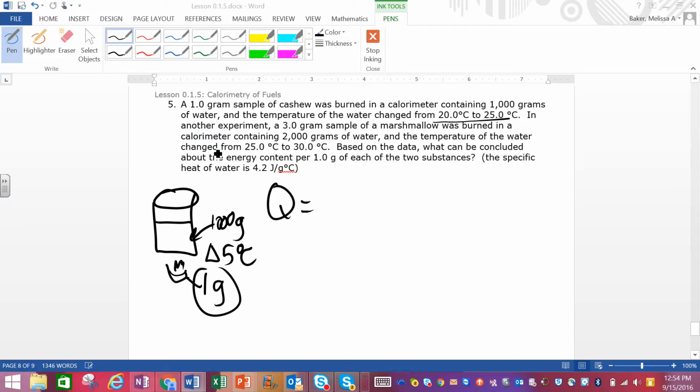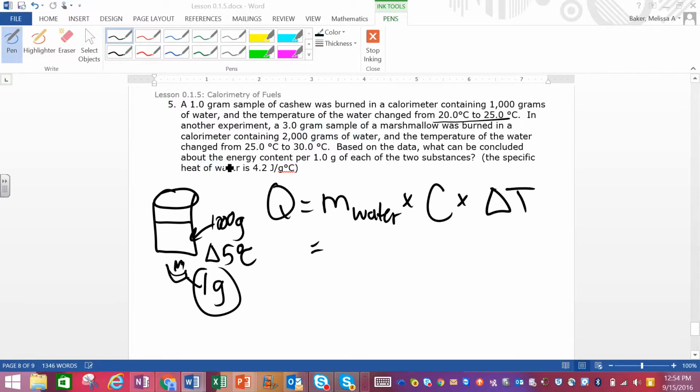So the heat given, the thermal energy transferred from the cashew to the water, we can figure out based on what we know about water. So we're going to take the mass of the water, multiply it by the specific heat for water, multiplied by the change in temperature.